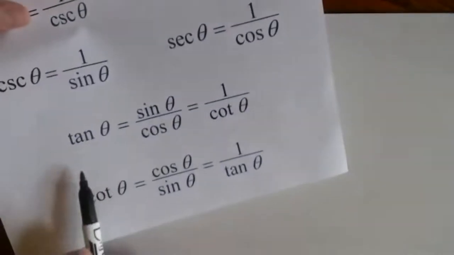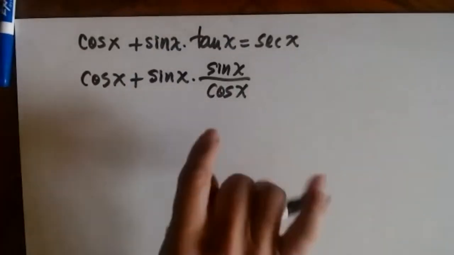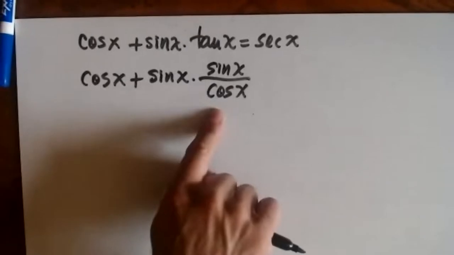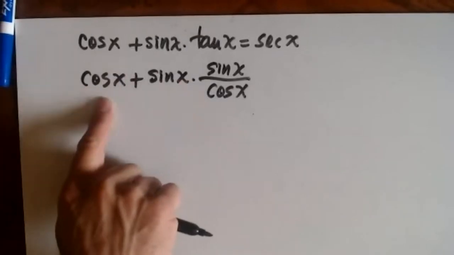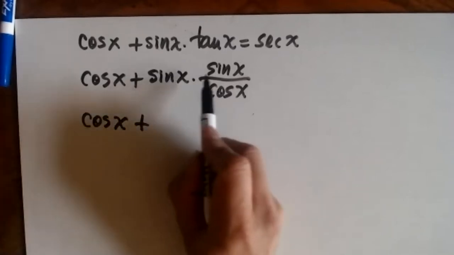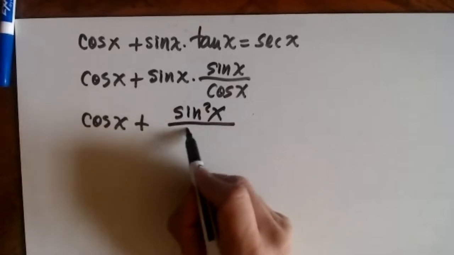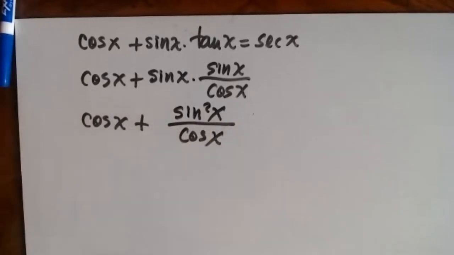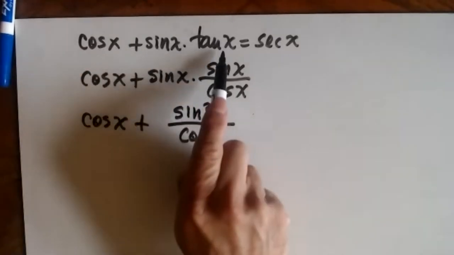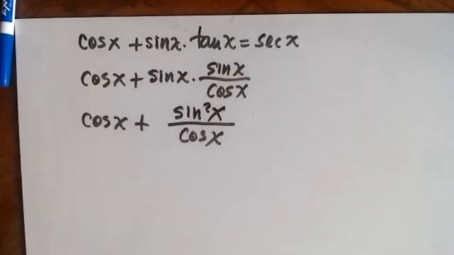Now you have this fraction and you have this number. So I'm going to do this: cosine x plus sine times sine is sine squared of x over cosine x. Remember, I'm going to go from one part of the identity and try to find this side here.